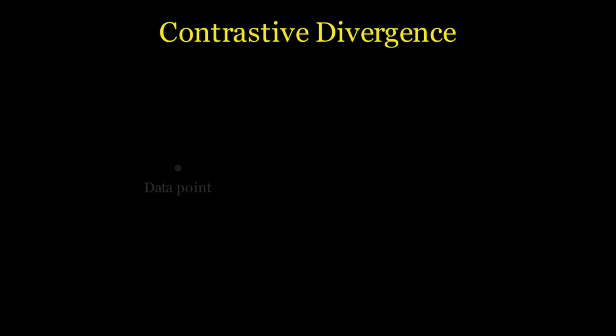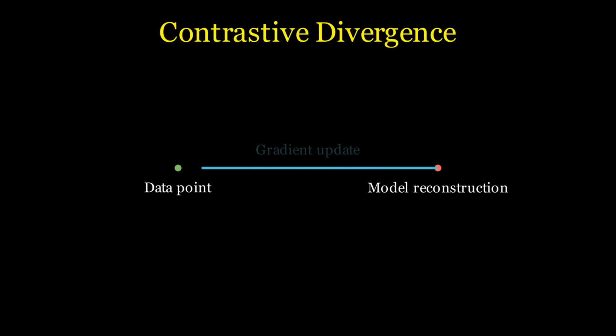But you also need to add randomness so that we don't get stuck at the local minimum. And contrastive divergence is basically just a loss function. We deepen the troughs and we increase the crests so that we have a higher probability of landing around the area of the local minimum.